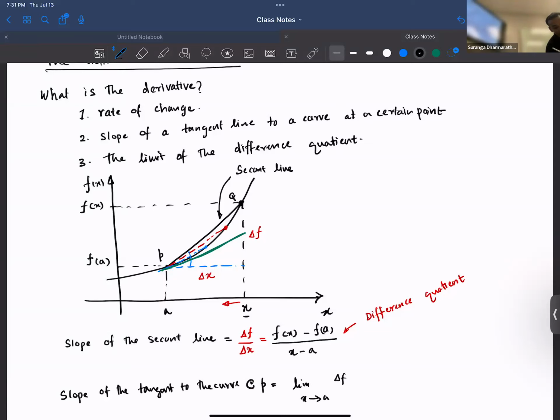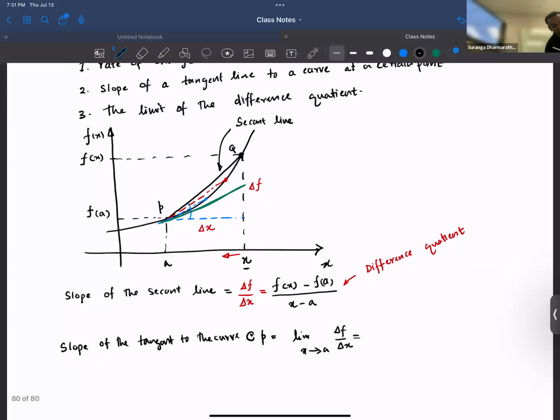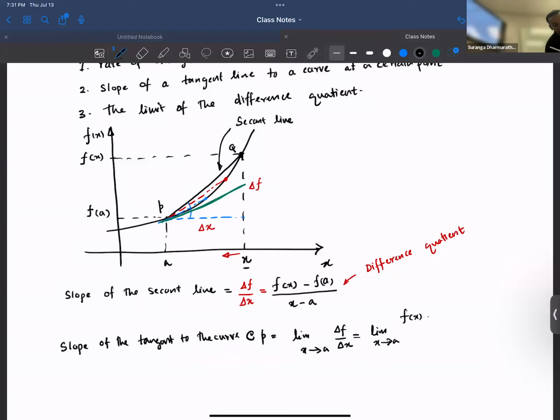Delta f over delta x, which is also equal to what? The limit as x goes to a of f of x minus f of a divided by x minus a, right? Does that make sense?